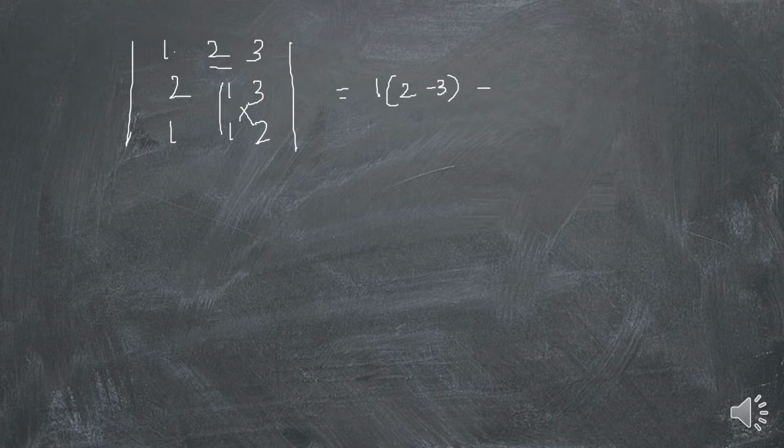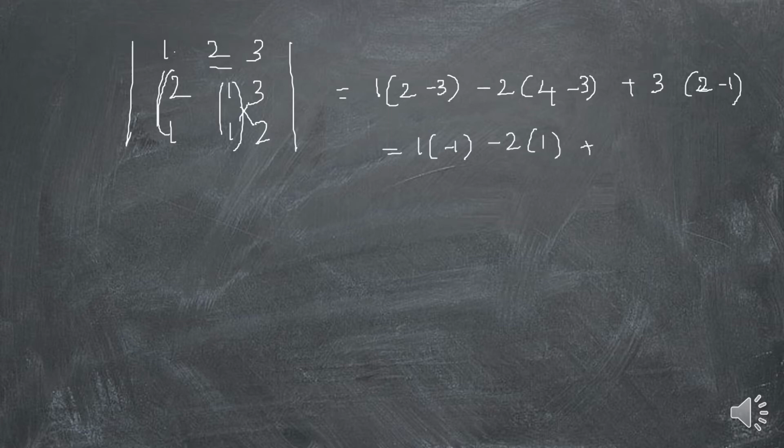Next is this 2, so 2 into, I consider these two columns, 2 into 2, 4 minus 3, plus 3 into, at last, these two columns, so 2 minus 1. So it equals 1 into minus 1, minus 2 into 1, plus 3 into 1. At last you have minus 1 minus 2 plus 3, so your answer would be 0.